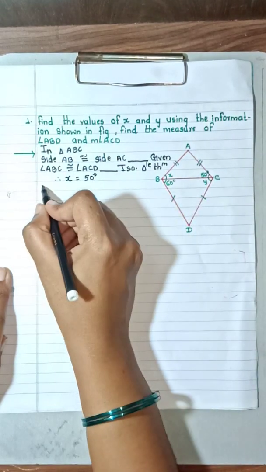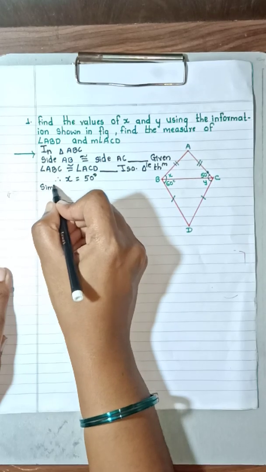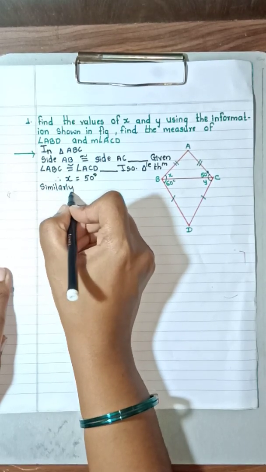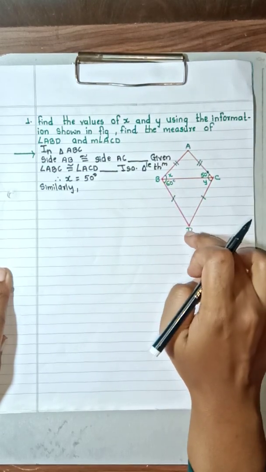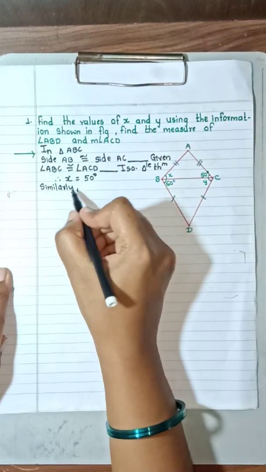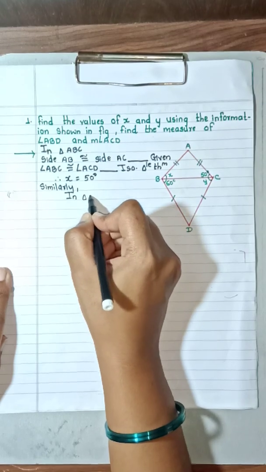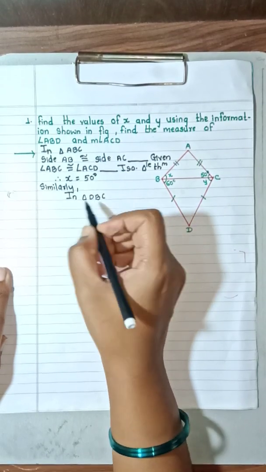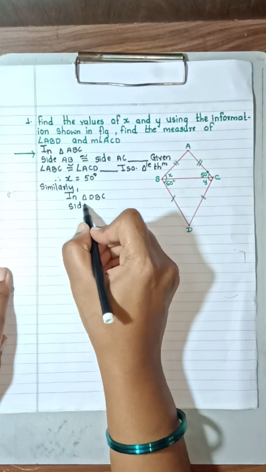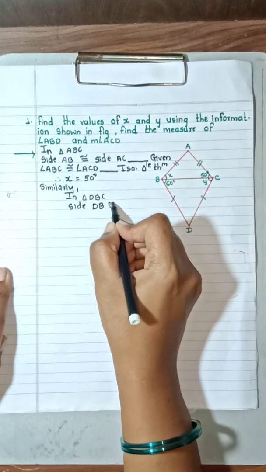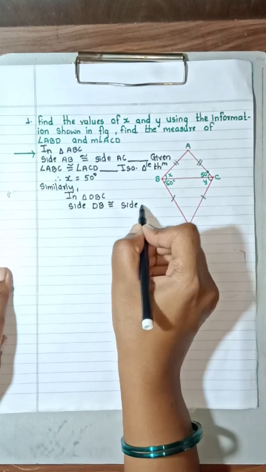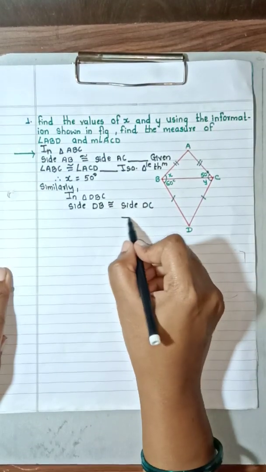Now, similarly, in triangle DBC, side DB is congruent to side DC. This is also given.